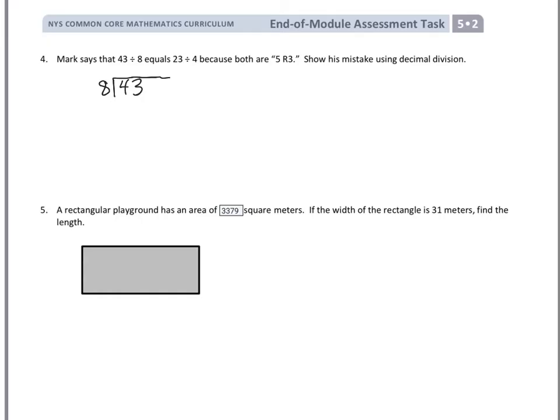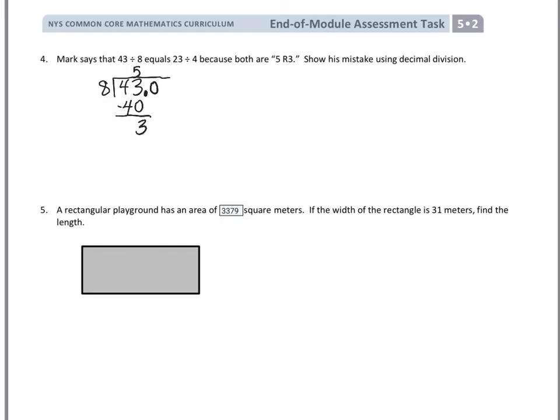So let's go ahead and do that. 8 goes into 43 5 times. 5 times 8 is 40. And if we subtract, we have 3. Now, this looks like 5 remainder 3, but we're going to continue on until we're done dividing.